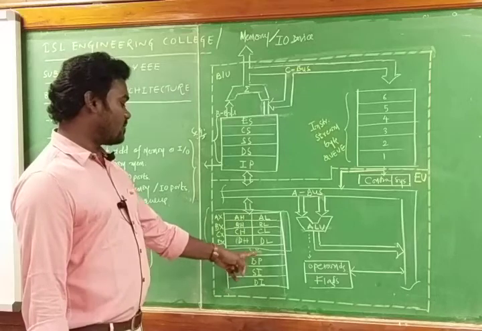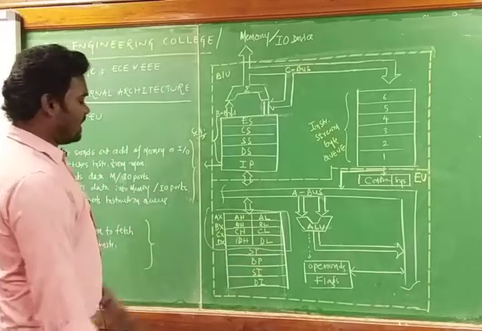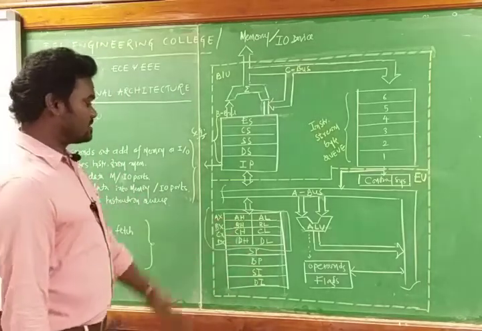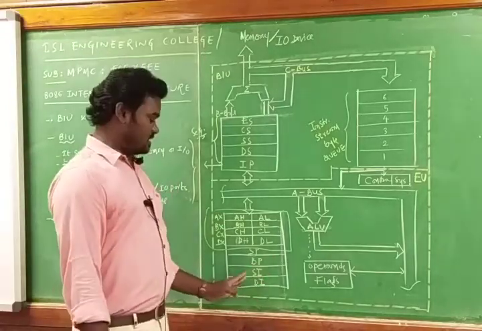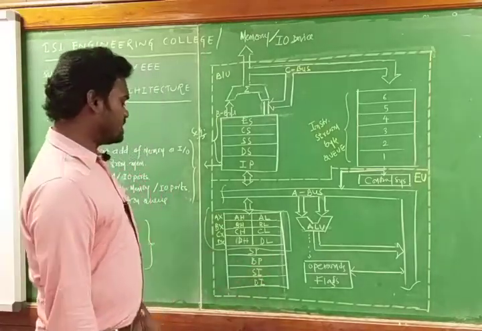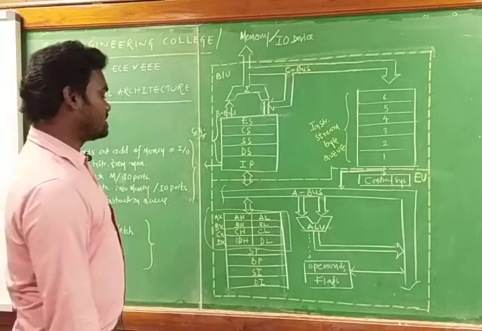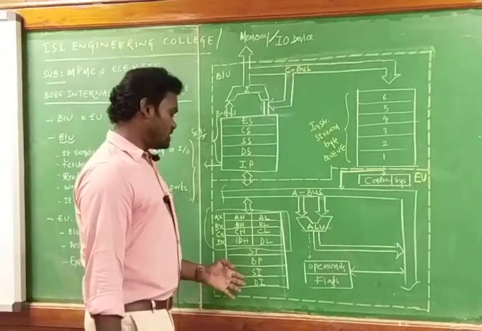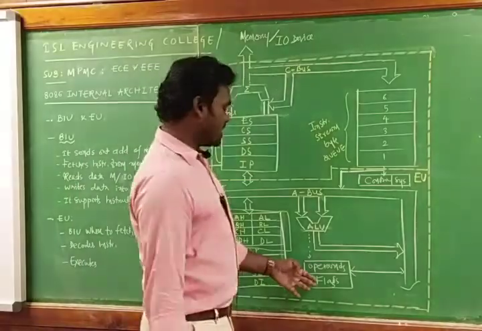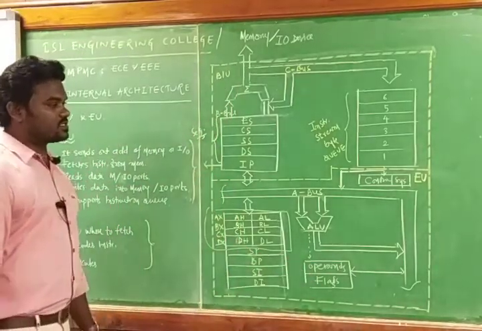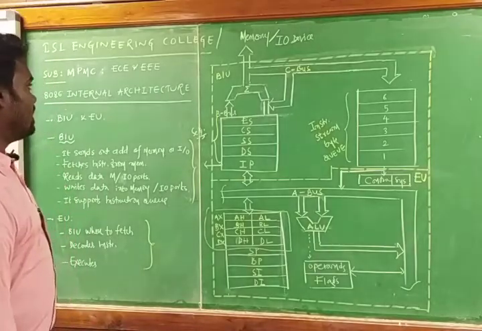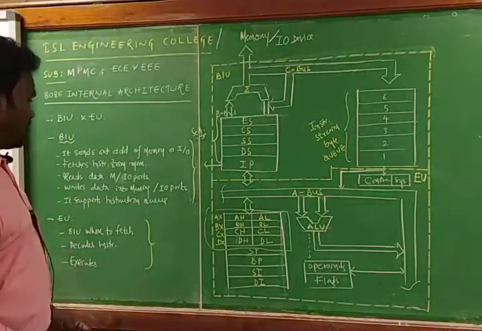The next two registers in the execution unit are the source index register and the destination index register. Along with these, some flag registers are there to execute the instructions fetched by the bus interfacing unit.